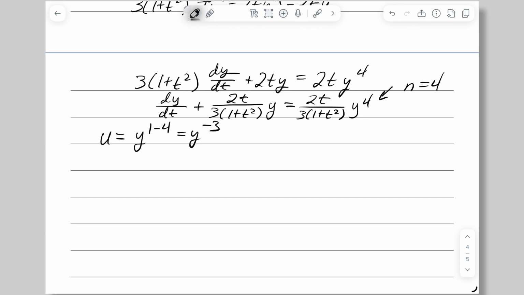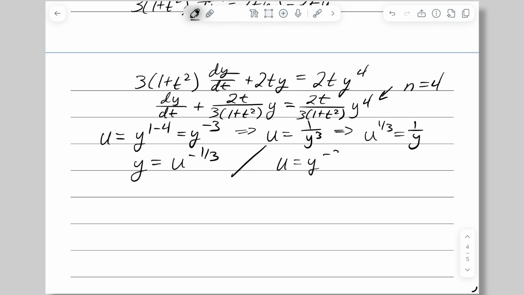So if we look at this as u is equal to 1 over y cubed, then cube rooting both sides is going to give me u to the 1/3 is equal to the reciprocal of y, so that y is equal to u to the negative 1/3. Another way to look at this is that if we have u is equal to y to the negative 3, I want the exponent on y to be 1.